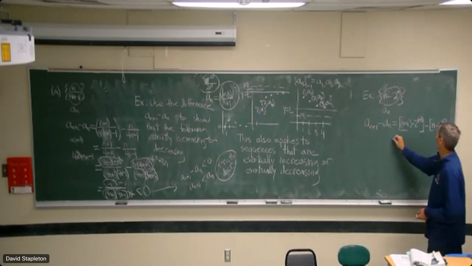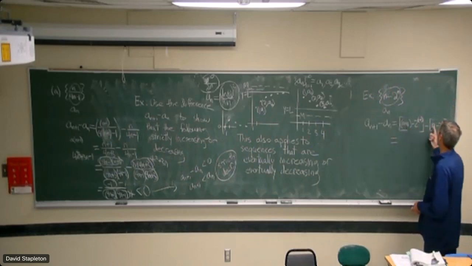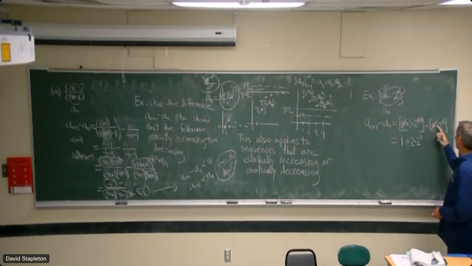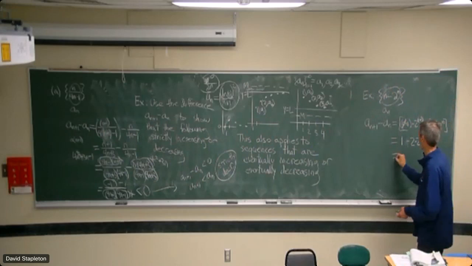And now you want to subtract these and see what you come up with. The n minus n cancel, that's nice. So I've got 1 plus 2 to the n plus 1, minus 2 to the n plus 1, which is minus 2 times 2 to the n, plus 2 to the n. Minus 2 to the n plus 1 of them is minus 2 to the n. So this is 1 minus 2 to the n.